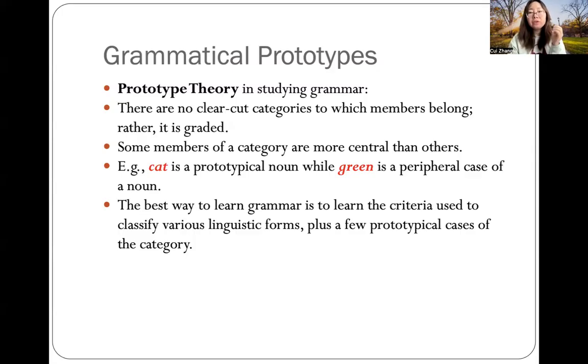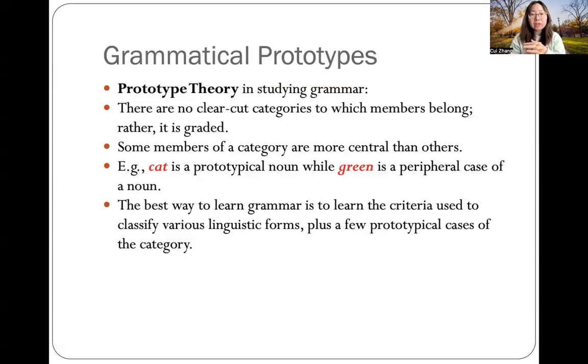While green is often used as an adjective, we can also use green as a noun to represent a particular color, right? So I like this green better than that green, which means I like this green color better than that green color.